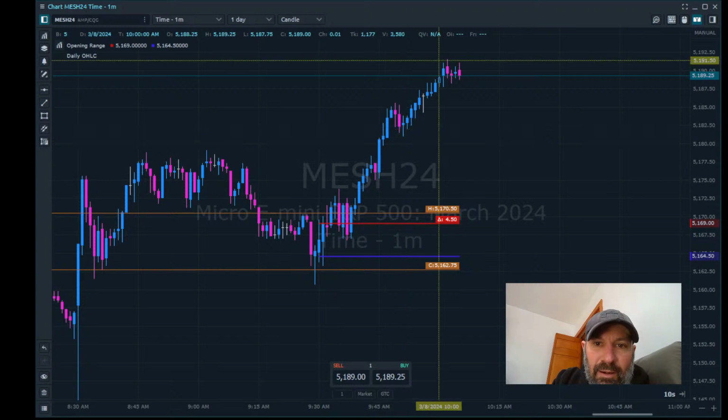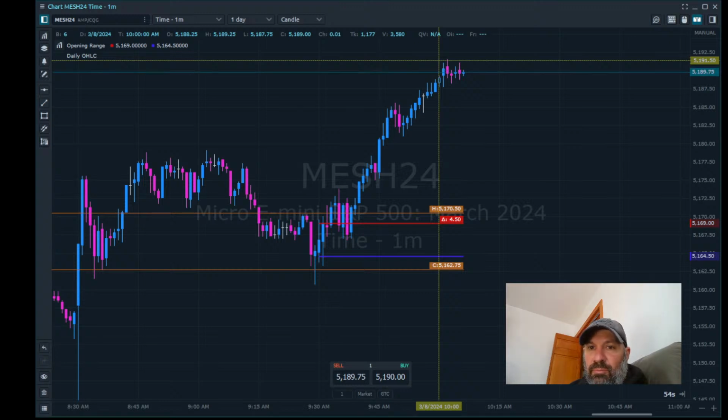So we did get up to 91.50, which was right around my 92 mark. Are we going to have another push here? I'm not sure. This is one of the things where now it kind of becomes a coin flip. I really don't know if we're going to be going higher.